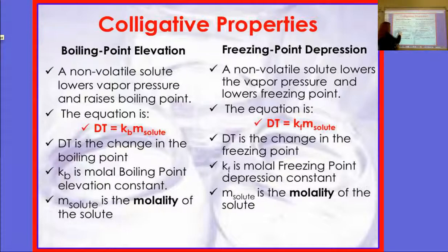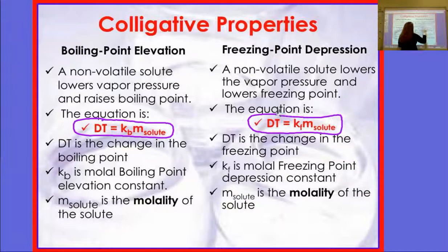There are actual equations for the change in temperature, for how much the boiling point would go up and how much the melting point would go down, or the freezing point would go down, but we're not going to use those. I just wanted to show you in case you want to take honors chemistry or AP chemistry. We need to know just the fact that the boiling point is elevated.